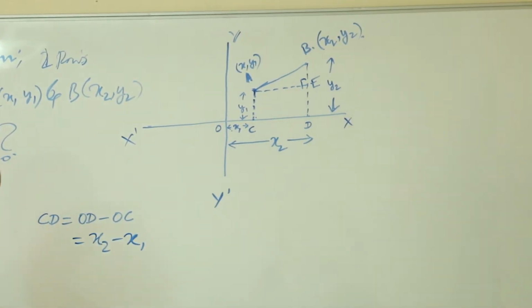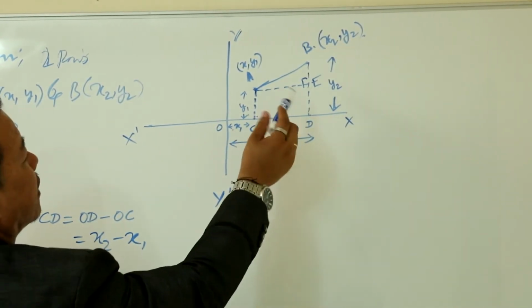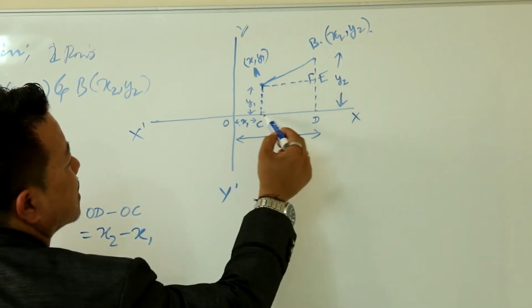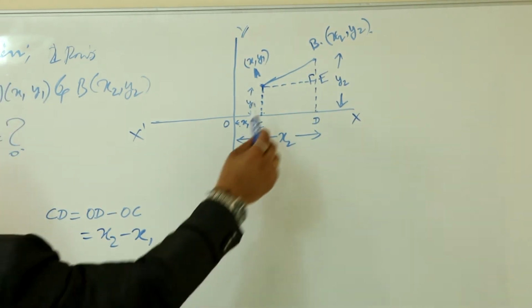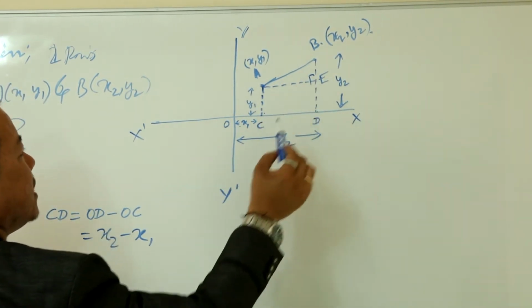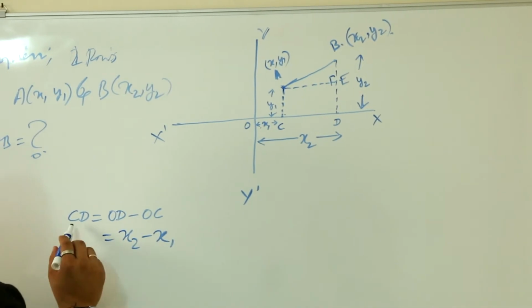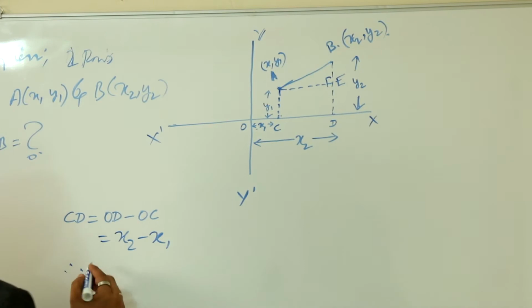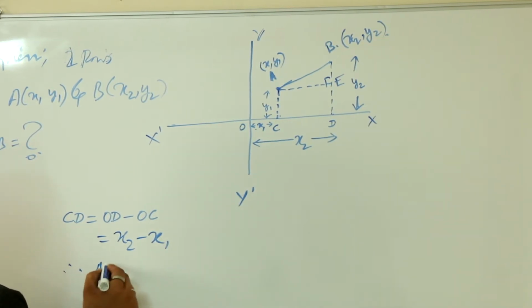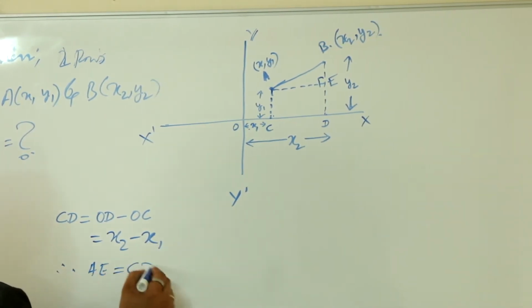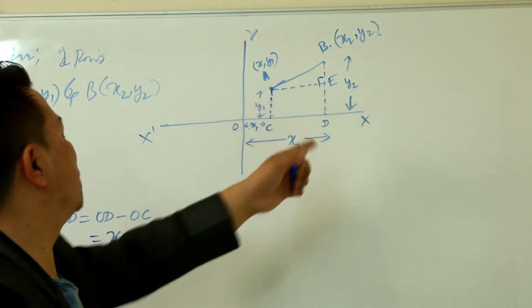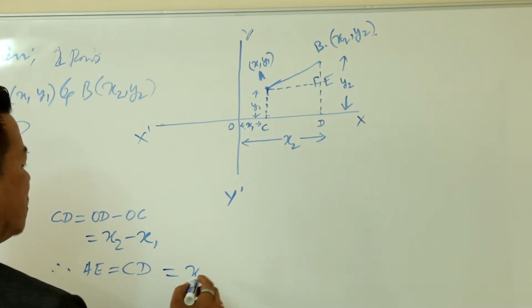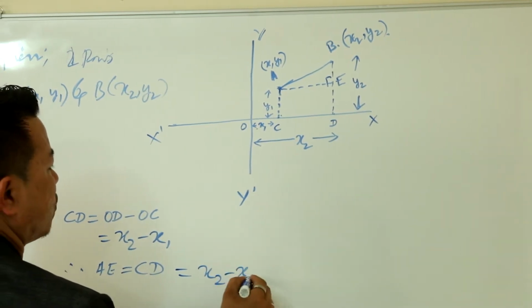So now this line, we already have drawn this line AE parallel to CD. So this AE is parallel to CD, therefore CD and AE are parallel, and we can write AE is equal to CD, which is equal to what we have got here, x2 minus x1.